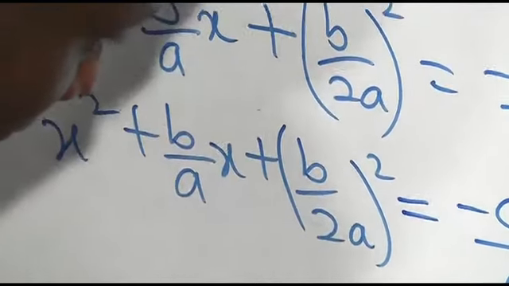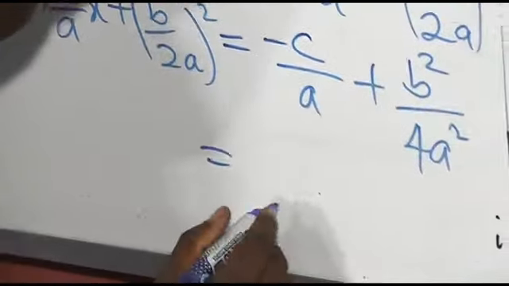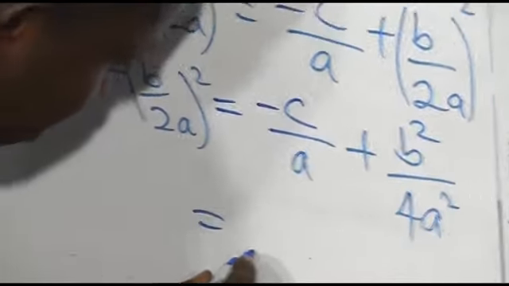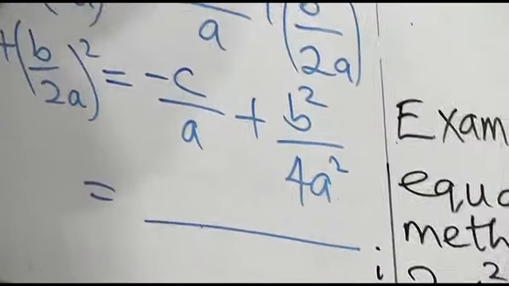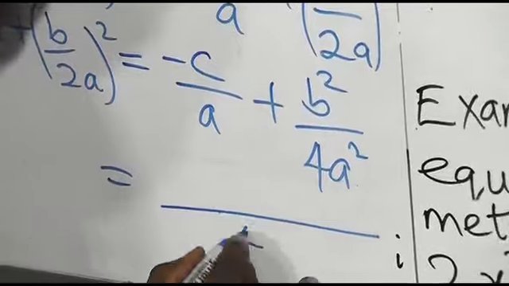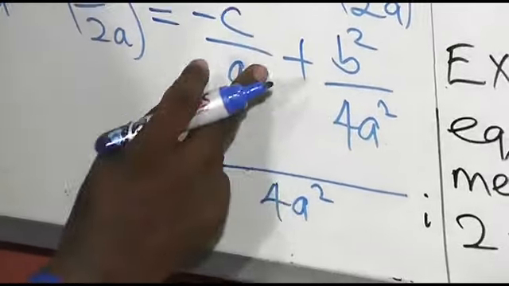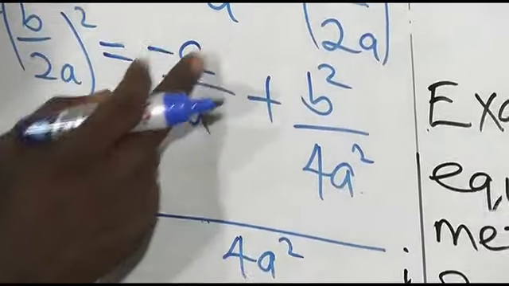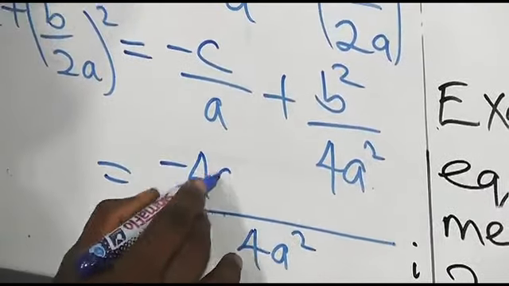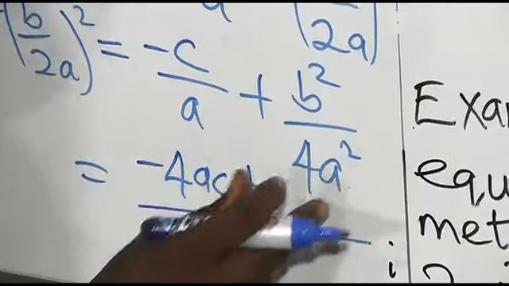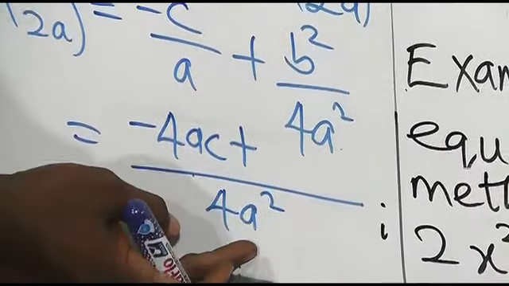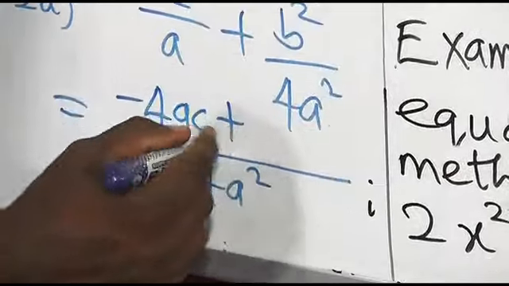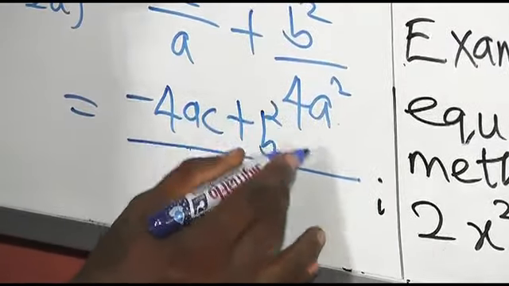And when you simplify the expression on the right hand side by LCM, you have 4a squared. A in 4a squared will give you 4a. 4a times minus c, then you have minus 4ac. Then plus, 4a squared divided by 4a squared gives 1. 1 times b squared will give you b squared.